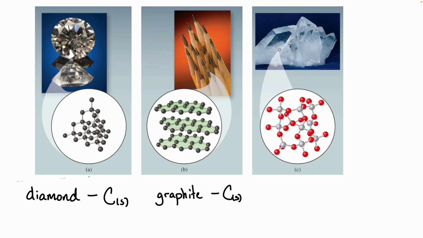And the last one is a substance called quartz, which is silicon dioxide. Something that we see a lot of, because a good portion of sand is made up of this compound right here.